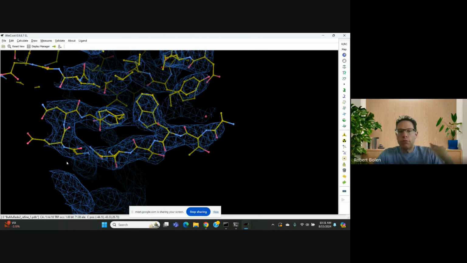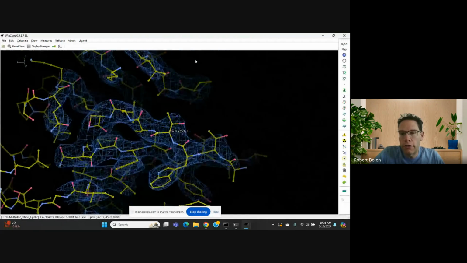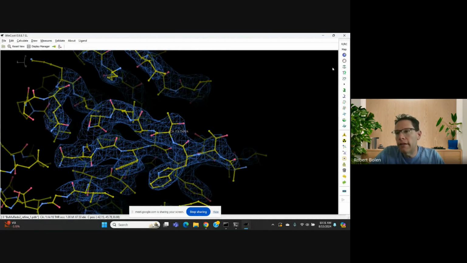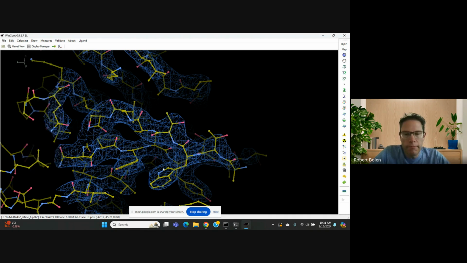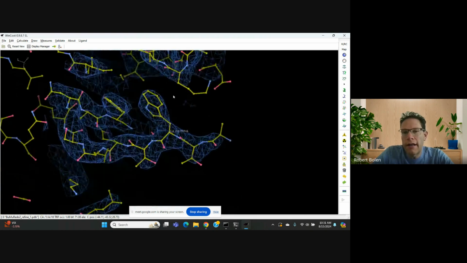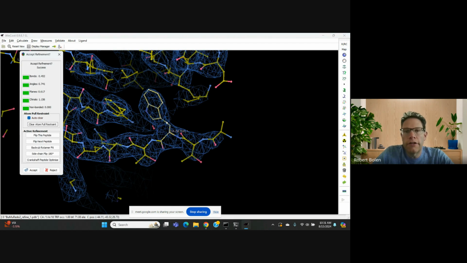And this is literally what we will do to manually refine. You go amino acid by amino acid and you look to see, how does this fit? Can I make this fit a little bit better? The easiest way to do it is by real space refine. Now, let's suppose you say, I think I could get this to fit better. When you're in real space refine, you click on the residue, and you can drag the residue and move it around however you want.